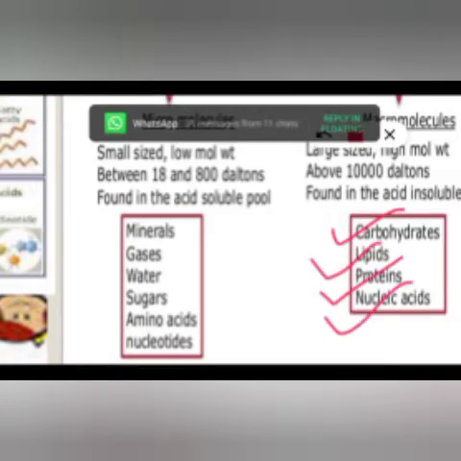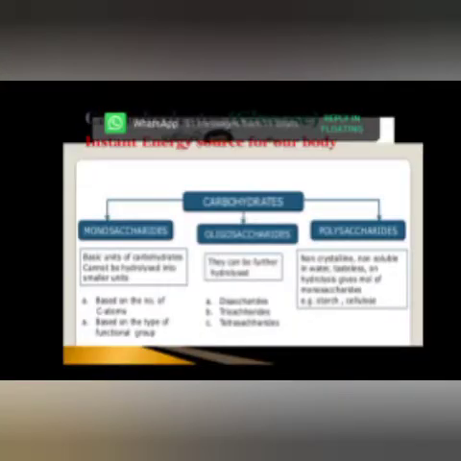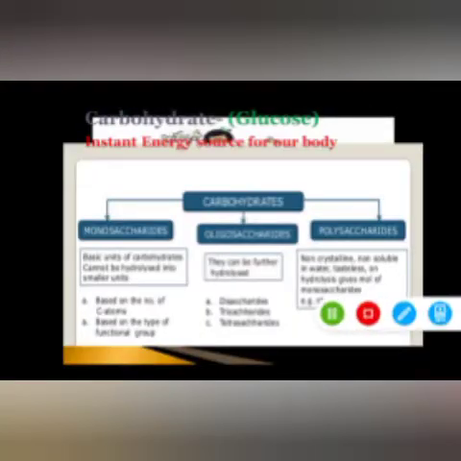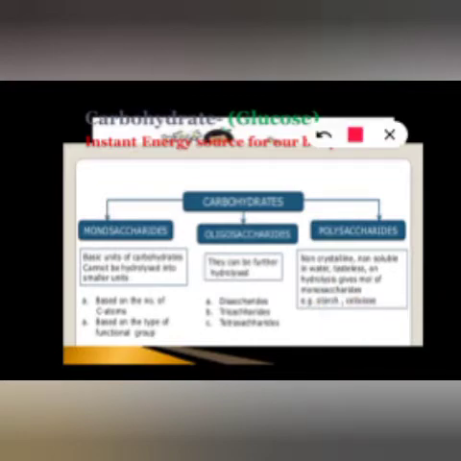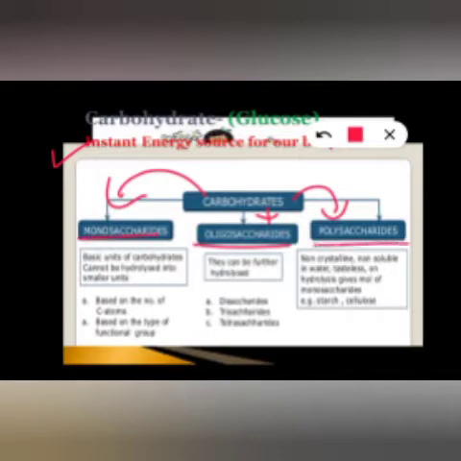After this, we started carbohydrate, which is glucose, called the instant energy source of our body. We studied that there are 3 types of carbohydrate: monosaccharide, oligosaccharide, polysaccharide.